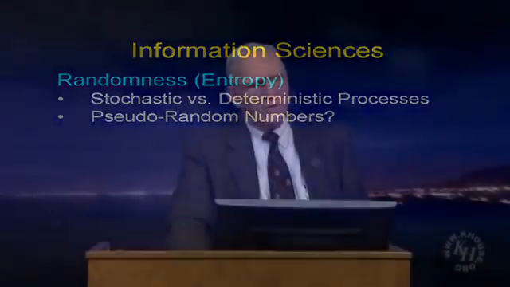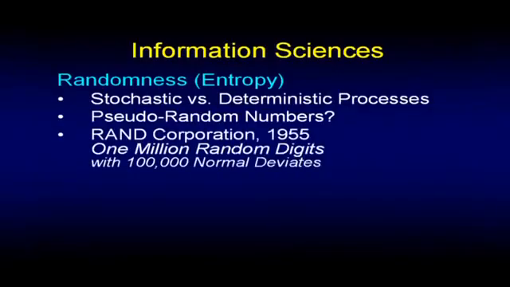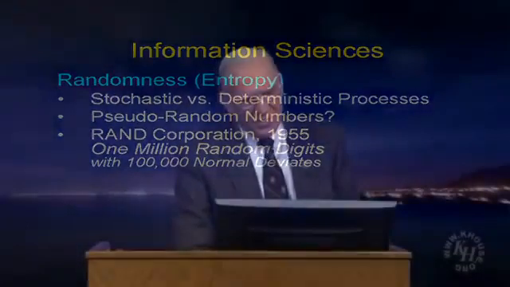It may shock you to discover that it's almost impossible to obtain a random number. If you're a scientist and you need a random number for some reason, you've got a challenge before you. Back when I was in the RAND environment, in 1955, the granddaddy think tank of them all, the RAND Corporation in Santa Monica, they published a book called A Million Random Digits with 100,000 Normal Deviates.